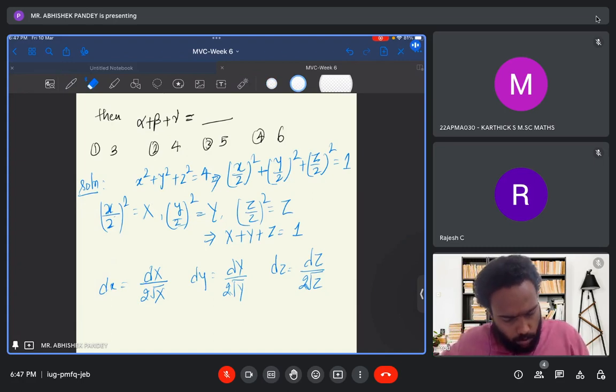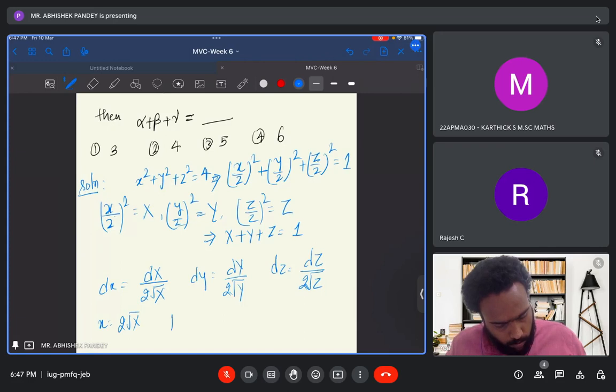So x is equals to 2 root over x, so dx is equals to 2 into 1 by root x, 2 root x dx.